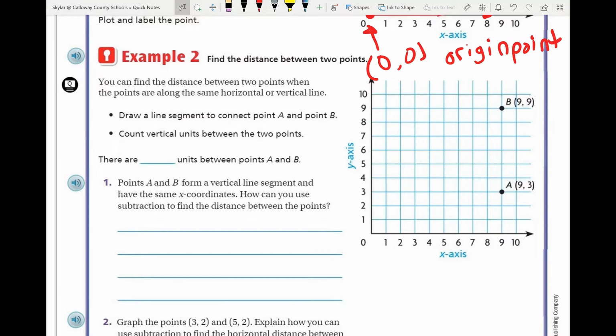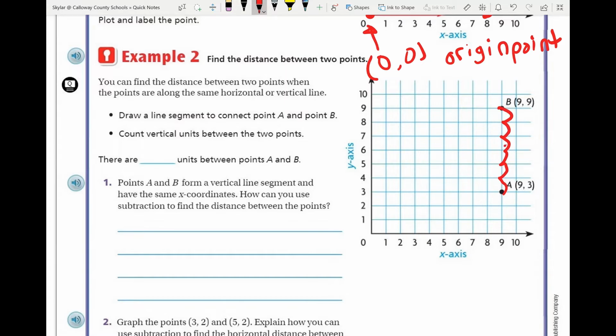We can look at point A, which is at 9, 3. Point B is at 9, 9. They're actually on the same spot on the x-axis if you look, because they're both on 9. The y-axis, the up and down, is where they differ. And if you just count, we can go 1, 2, 3, 4, 5, 6.